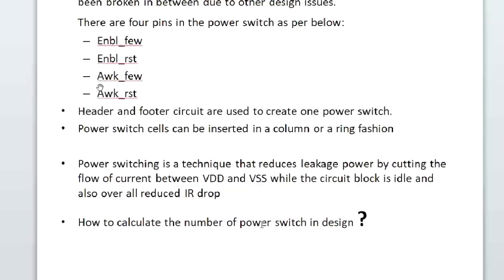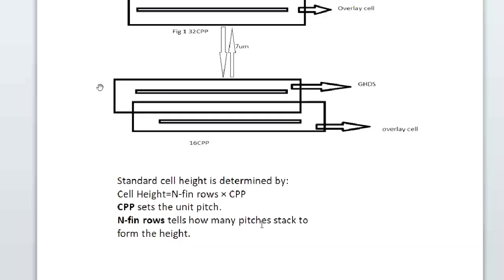For example, let's consider a 7.5 track cell height in one design, and in another design a 9 track cell height. Basically, we use CPP for the lower tech nodes, because in higher tech it's not required.